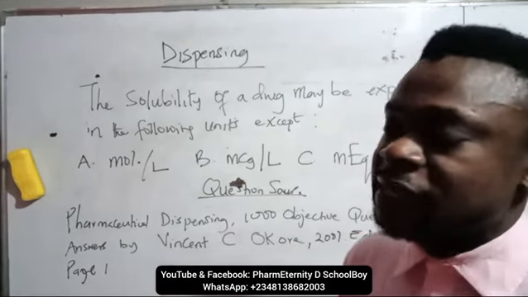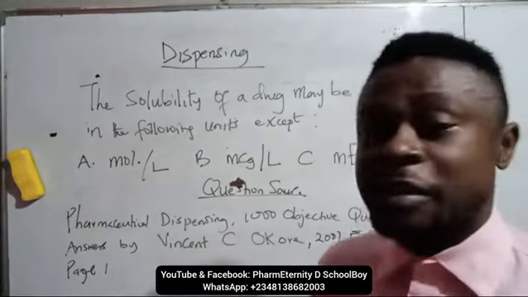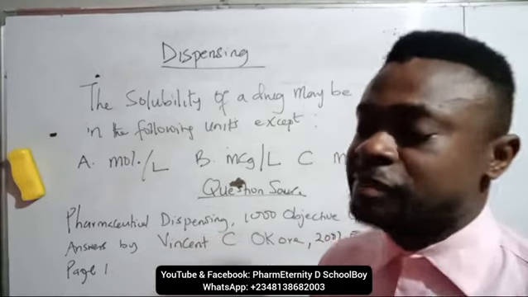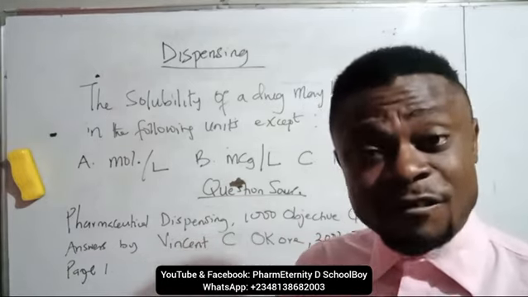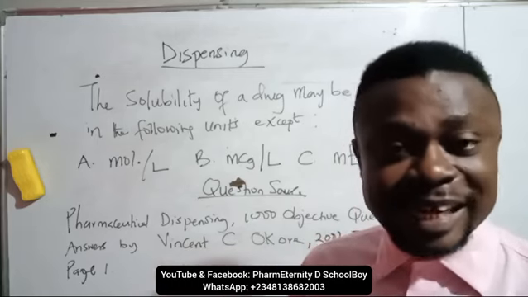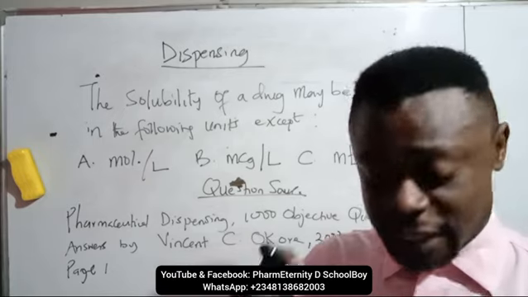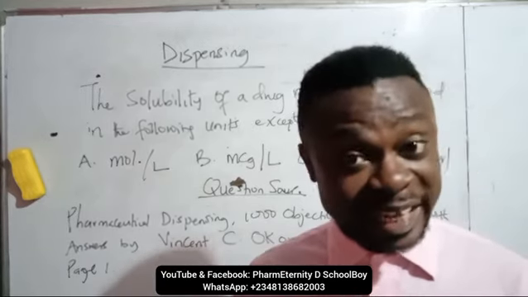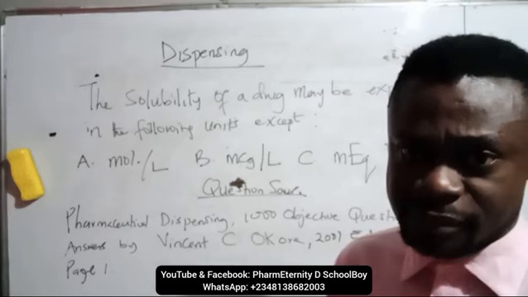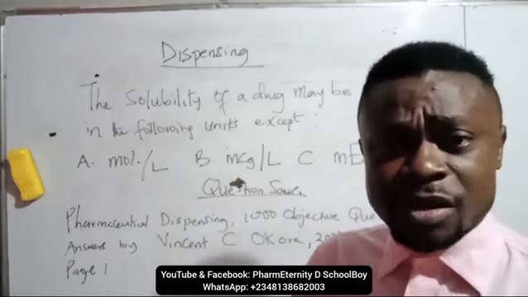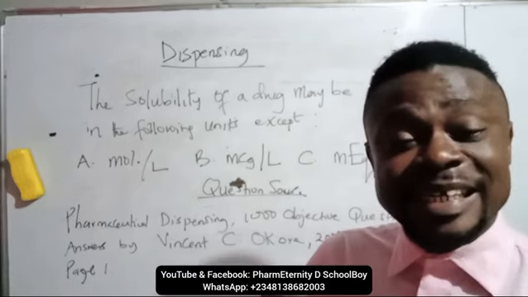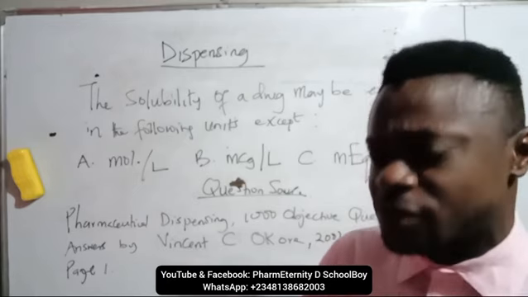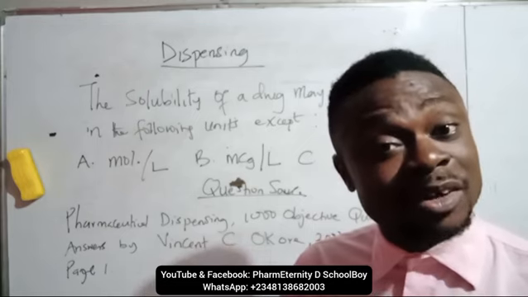From our basic sciences, from chemistry knowledge, solubility is nothing but the maximum amount of a solute that can dissolve in one dm cube, or 1 ml of a solvent, at a particular temperature. So the solubility of a substance is measured at a particular temperature.